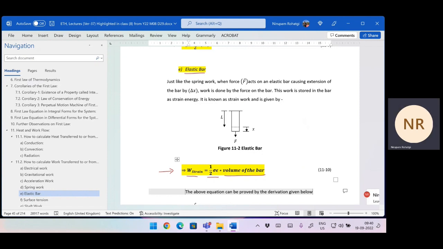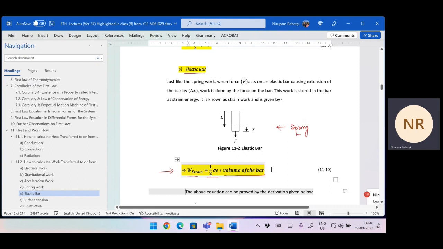Elementary you have done, right? There you will talk about three-dimensional deformation. Here, you can take one-dimensional deformation. Same thing as you do for the spring, you do here, and you get the same thing.